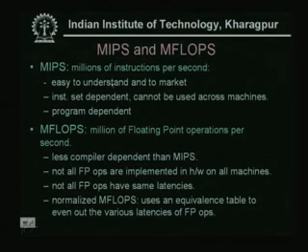So, we are saying that the RISC machine is faster. It depends on this unit, how many instructions can be executed per second. It is easy to understand and to market, but it is instruction set dependent and cannot be used across machines, and it is only program dependent.